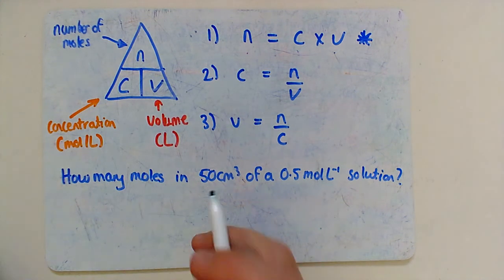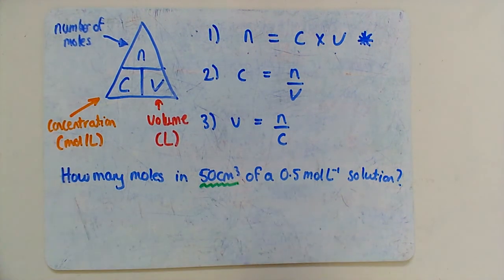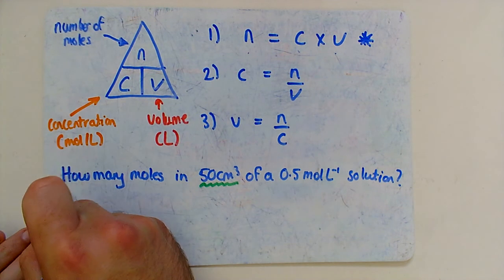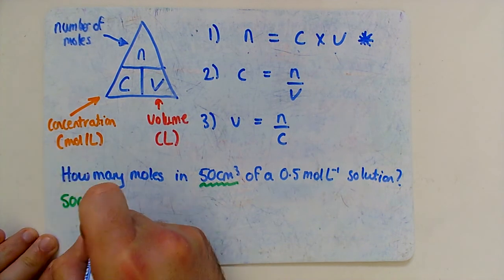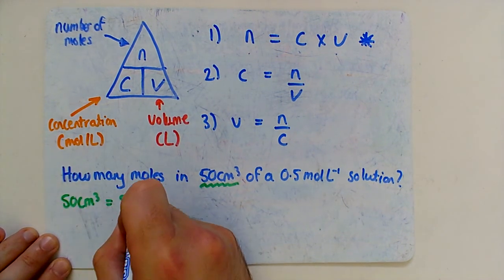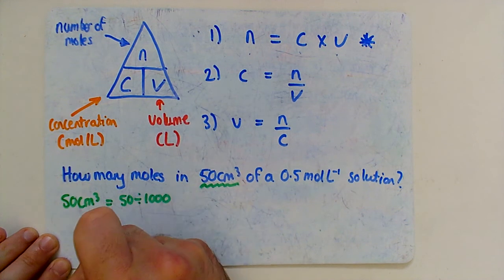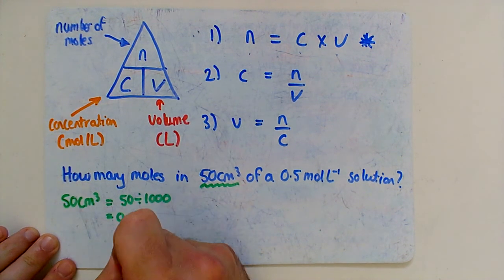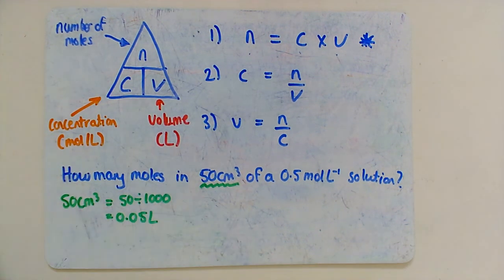Now the first thing is centimetres cubed. We need to turn that into litres. So 50 centimetres cubed is 50 divided by 1,000, which equals 0.05 litres.